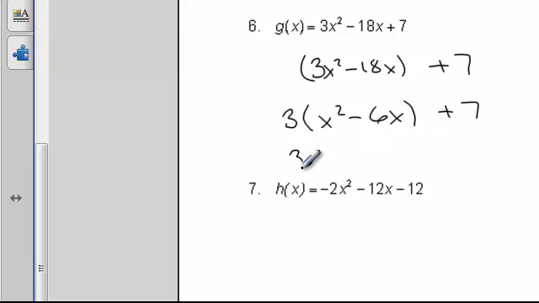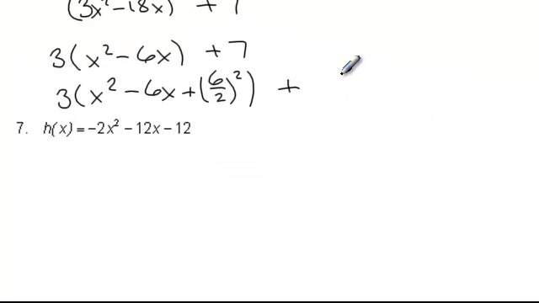I'm going to remember that I factored out that 3 minus 6x. Then I'll be adding b over 2 squared to the left side of the equation. To balance this, I will do the exact opposite by subtracting b over 2 squared to the right side of the equation.